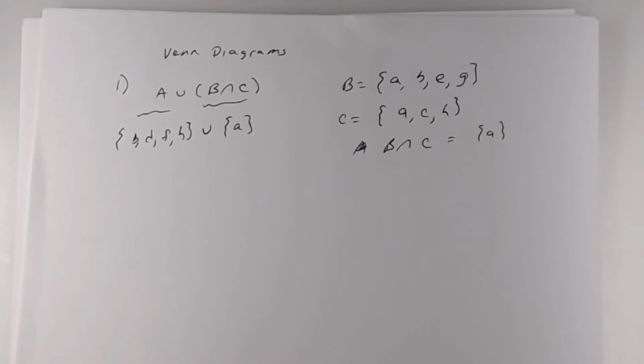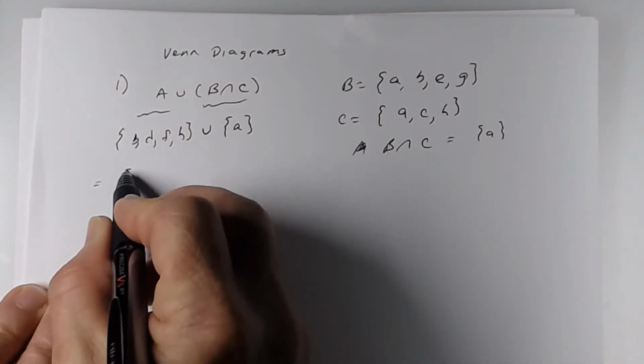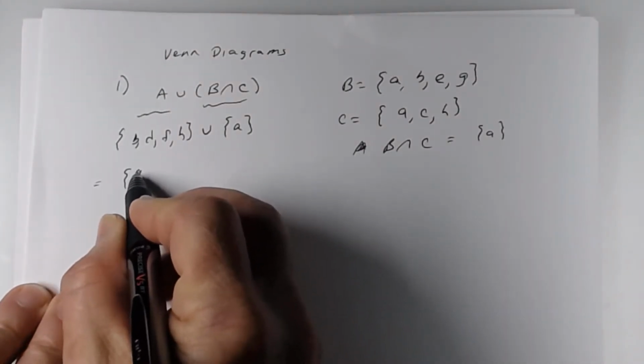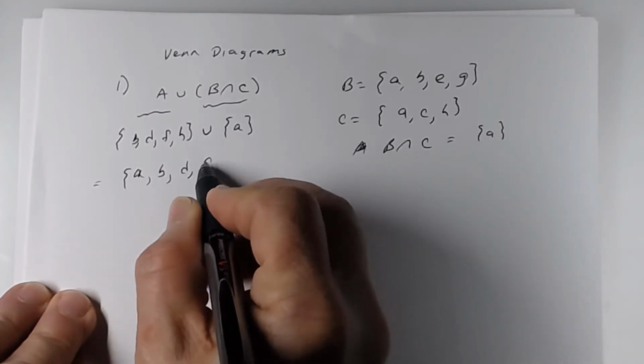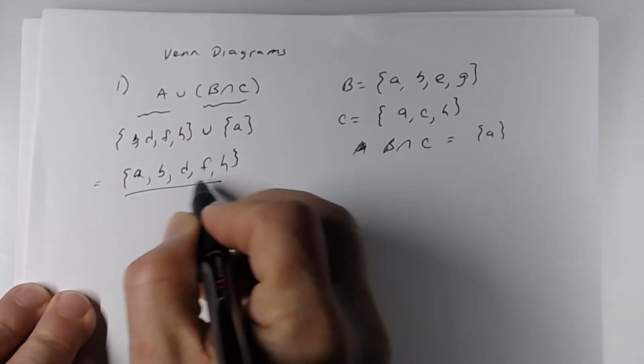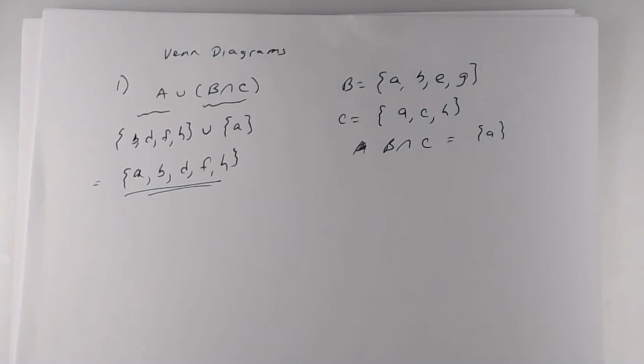So you just union those. Let's put A first: A, B, D, F, and H. So that's your answer. The point is that you do what's inside the parentheses first. At this point, finding the intersection and the union should not be an issue because we've been dealing with this.